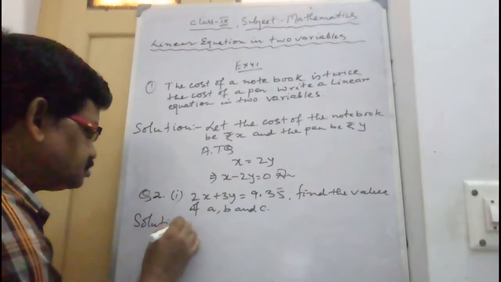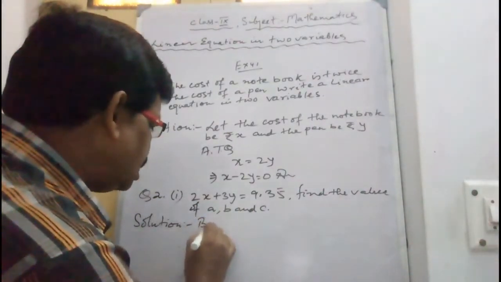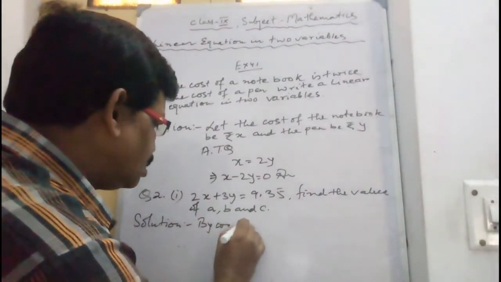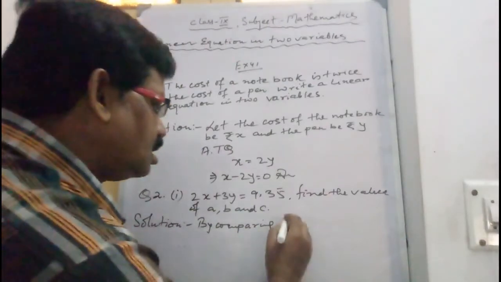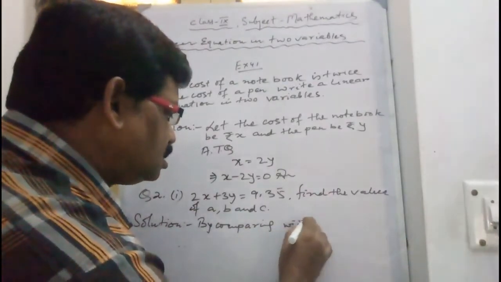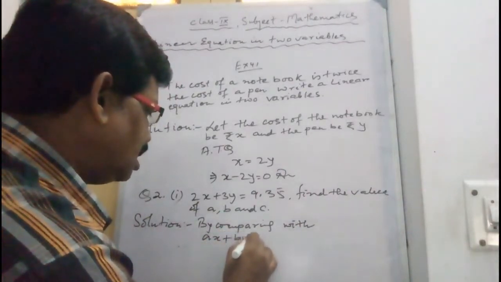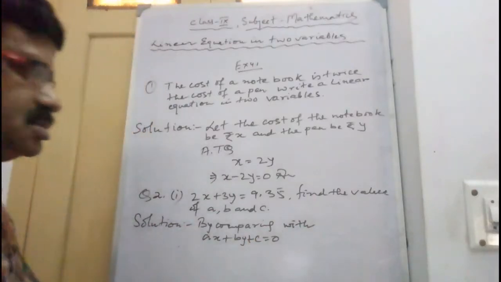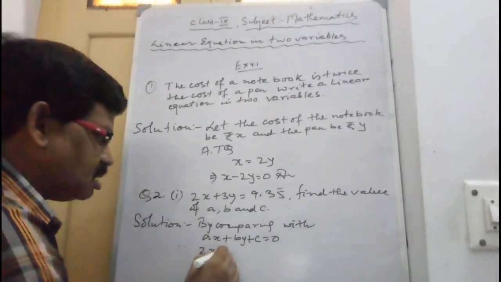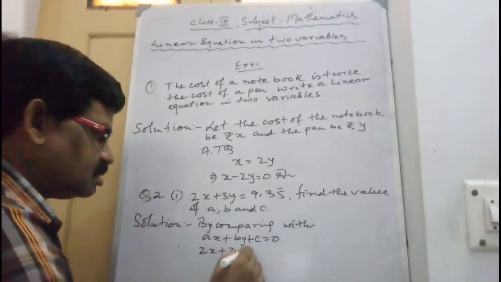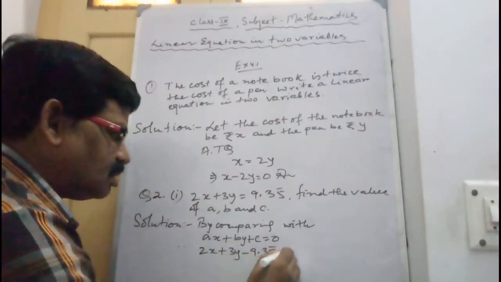Solution. So first you compare. So by comparing with ax plus by plus c equal to 0, this equation becomes 2x plus 3y minus 9.35 equal to 0.